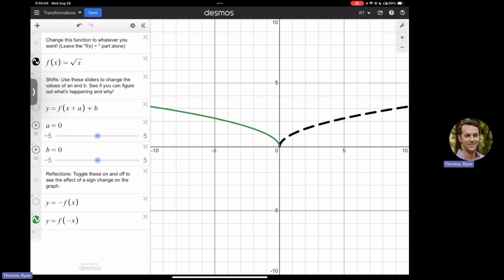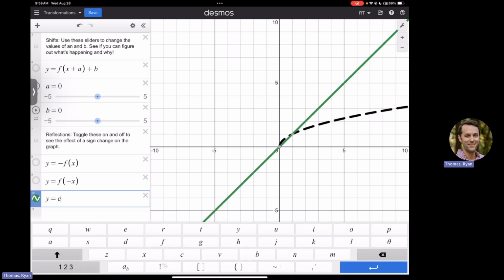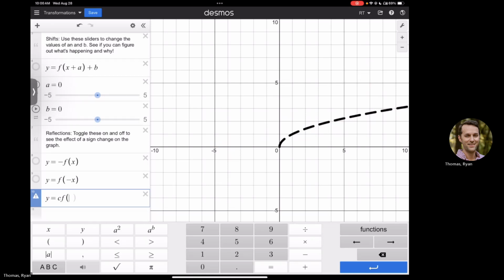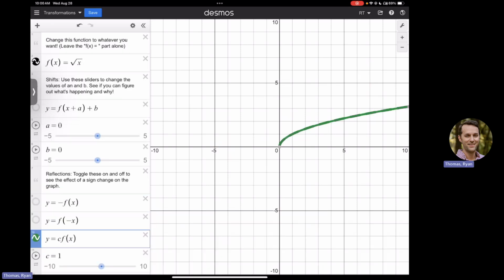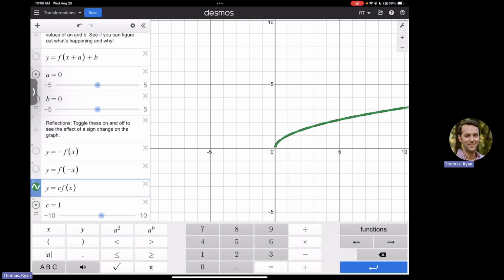Okay, the other possibility is if we multiply by some value, that's called scaling. What that's going to do is modify the shape of the graph a little bit. I'm multiplying, and notice it's on the outside.